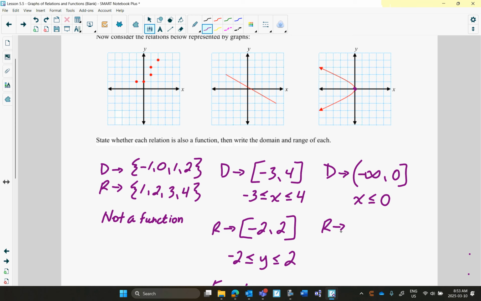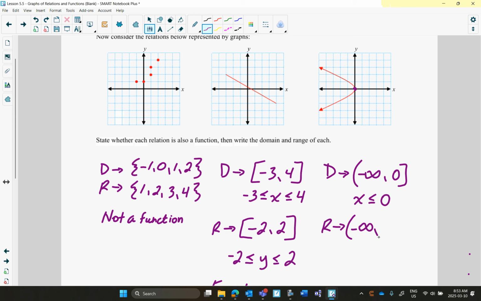Now you got to think lowest to highest. What's the y coordinate of the lowest point on this graph? Negative infinity. Not only does this go to the left, it also goes down forever. So it goes to negative infinity.